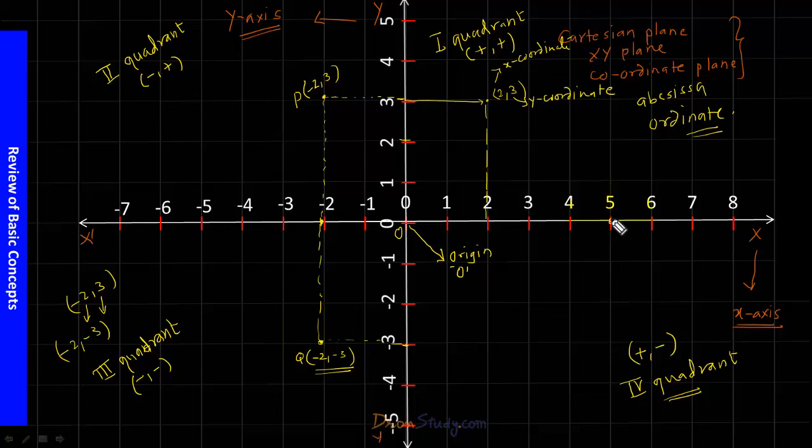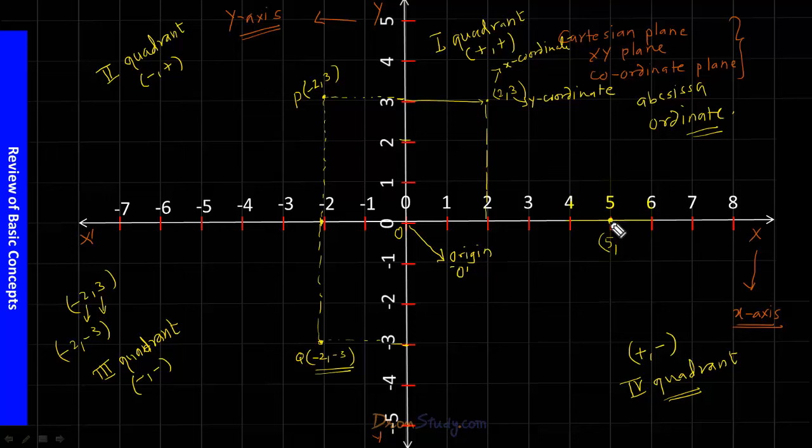Now suppose the point is here on the x-axis, then what will be its coordinates? The x coordinate means the distance from the y-axis. So what is the distance from the y-axis? 5. So its x coordinate will be 5.